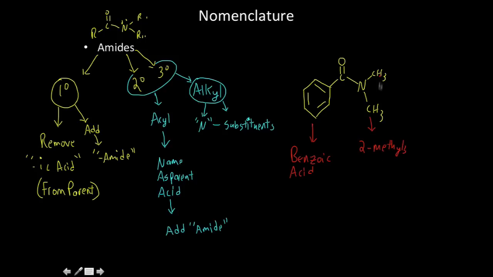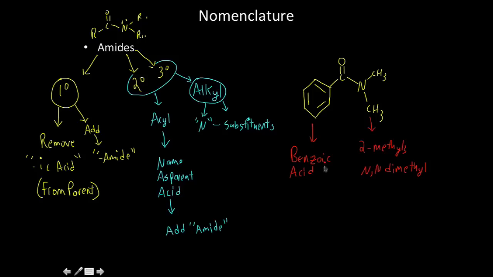I have to designate each and every one of these with the substituent format of N, just like as if you had 2 methyl groups at carbon 1 on a chain. I have to do the same thing here. So I'm going to label this as N because they're both attached to N. And I have 2 of them, so I'm going to say that this is dimethyl.